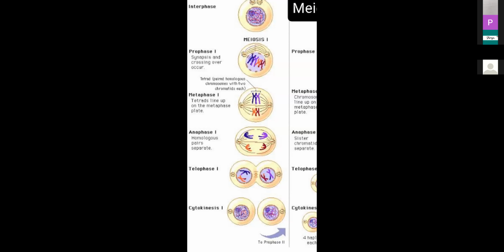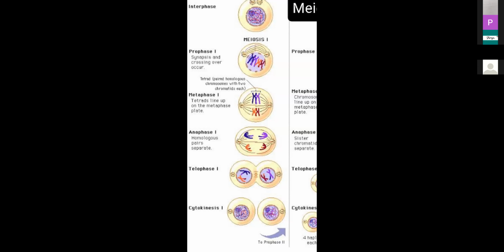What's the name given to this short-lived interphase between the meiosis 1 and meiosis 2? Correct. Interkinesis. That is termed as interkinesis. Good.